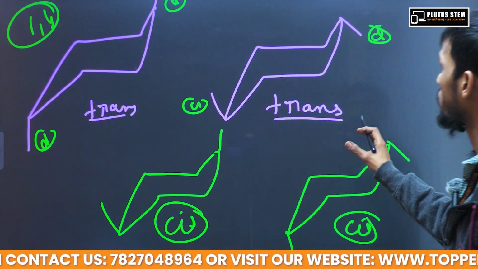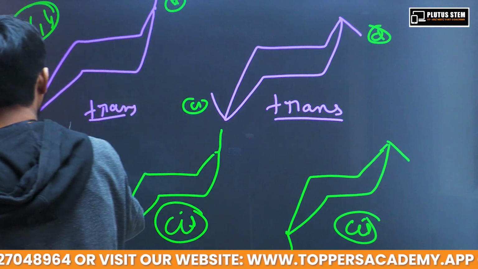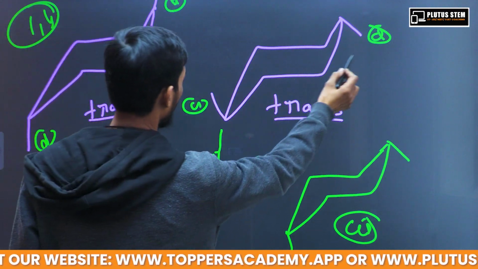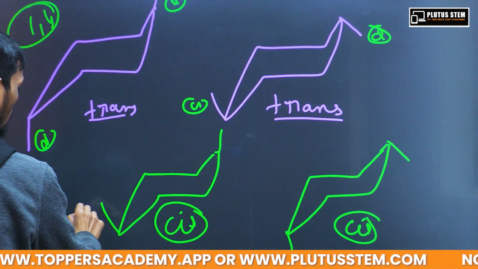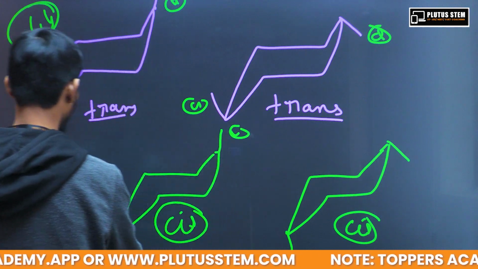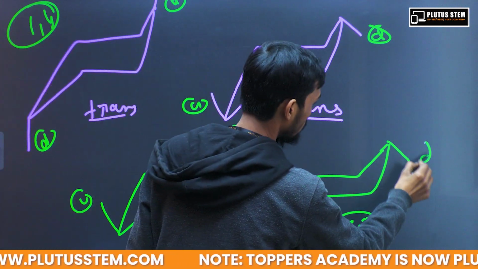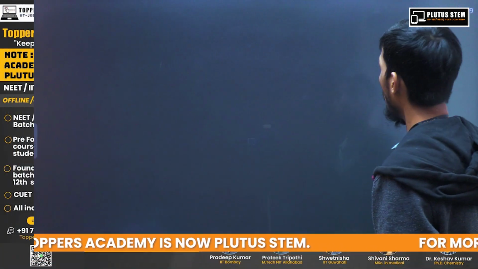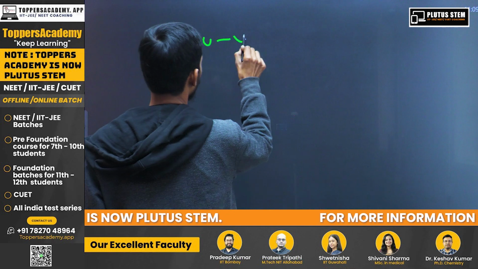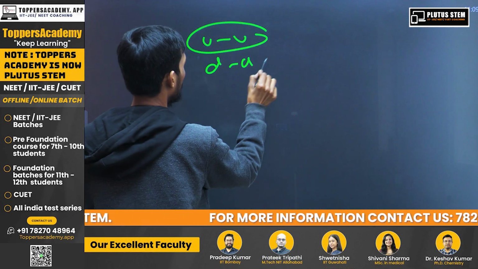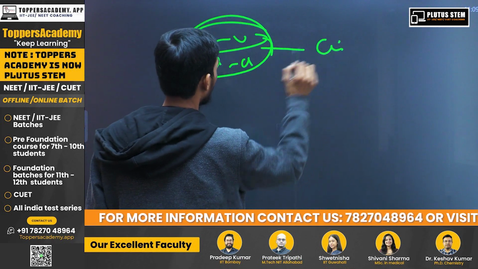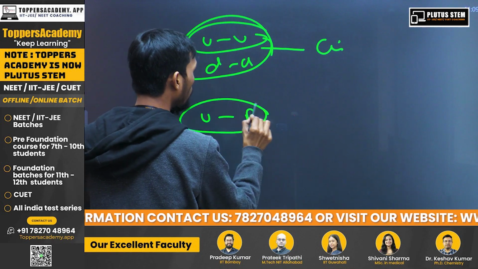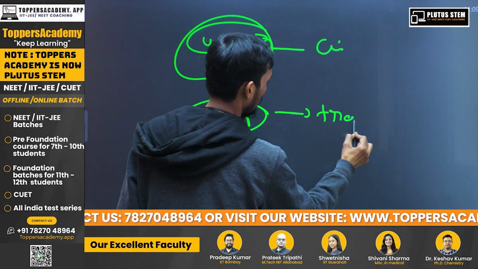The same case we have seen over here: down, up, trans; up, up, cis; down, down, cis. So a very simple concept: if both are up or both are down, this is termed as cis. Up and down at any position will be termed as trans.